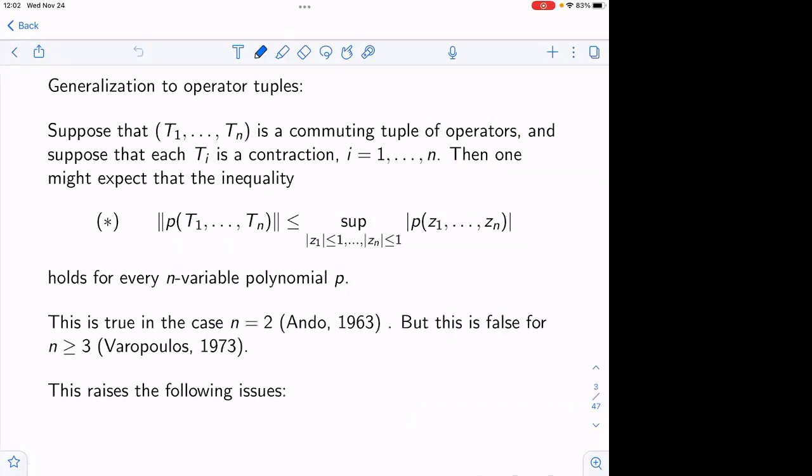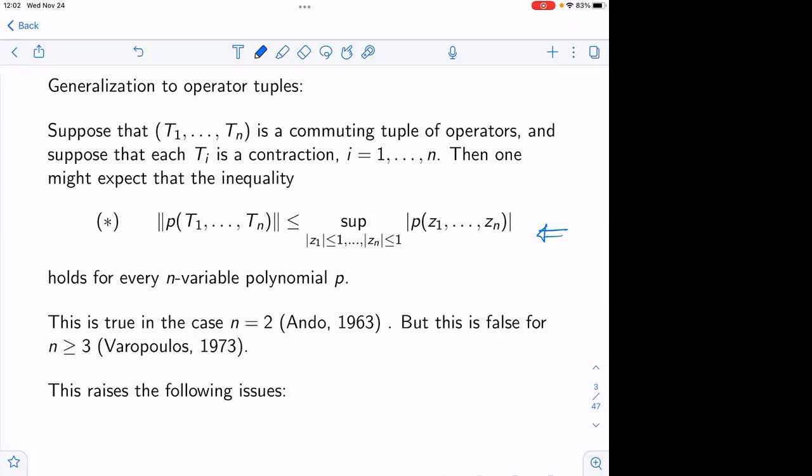So if you apply a polynomial to a tuple, you look at its norm. The first thing you think about is this inequality, does that hold? Well, we know now that it holds if n is 2, but it fails if n is at least 3. Now, you have to ask why.